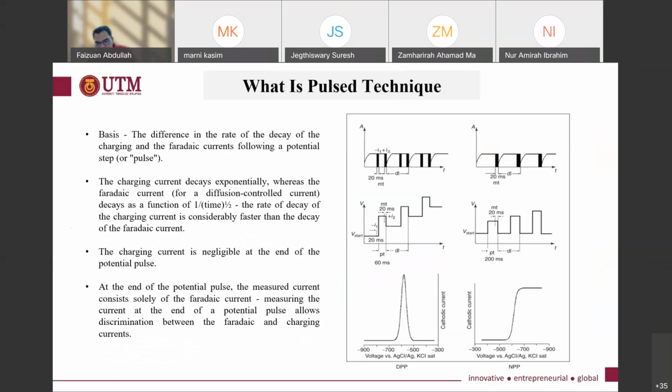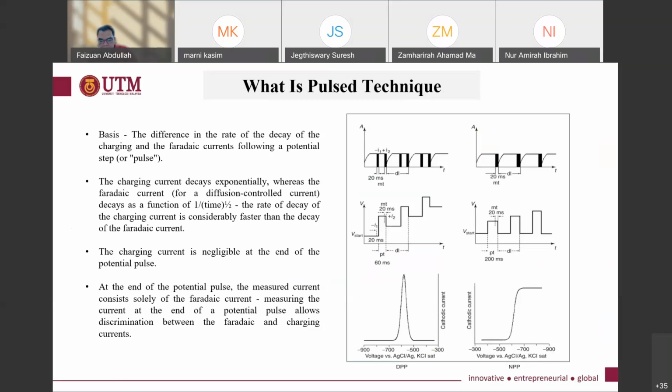The basis of all pulse techniques is the difference in the rate of decay of the charging and the Faraday current following a potential step, known as a pulse. The charging current decays exponentially, whereas the Faraday current decays as you can see here, that is, the rate of decay of the charging current is considerably faster than the decay of the Faraday current.